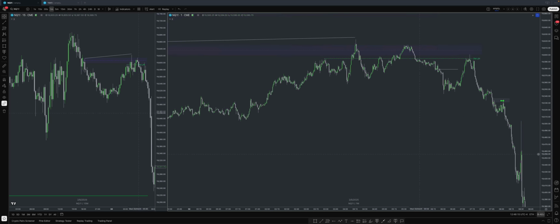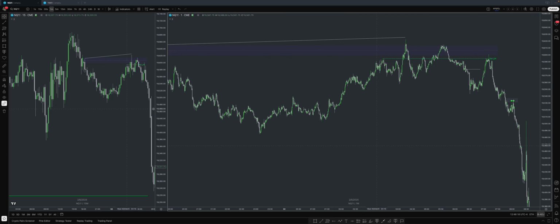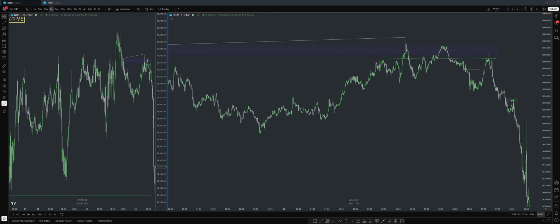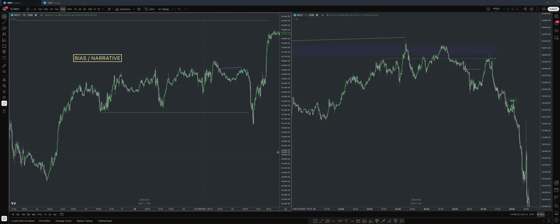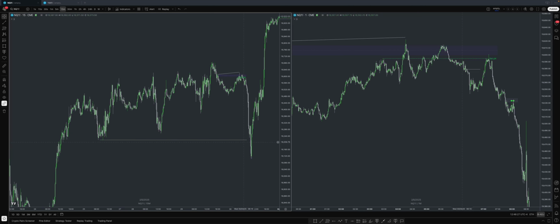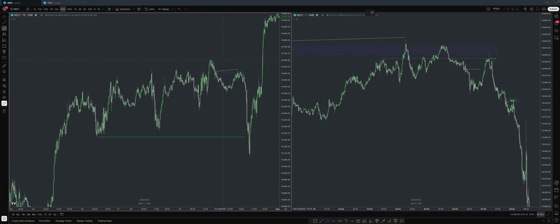And yeah, that pretty much shows how you can go from coming up with a framework to seeing how that fits in with the bias and narrative, and then finding an entry model. So the framework being, we have the knife twister model with this impulse low that we made. Then we pull back to a premium of this range.